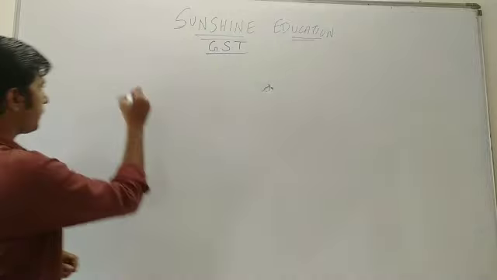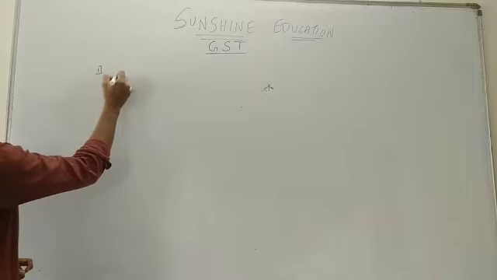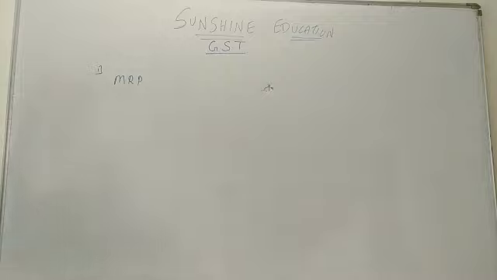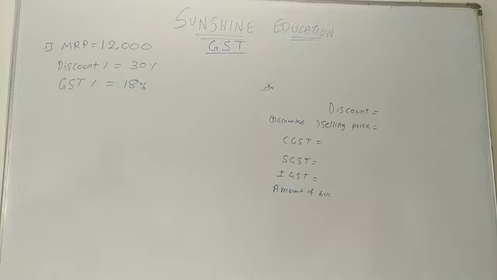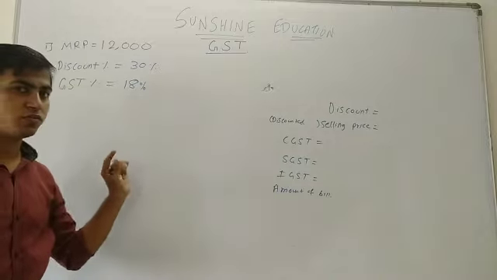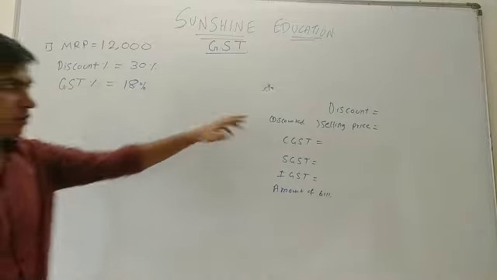First of all, the MRP. I'll write everything first. In the first sum in your textbook, MRP is 12,000, discount given is 30%, GST is 18%. First of all, we will find the discount.